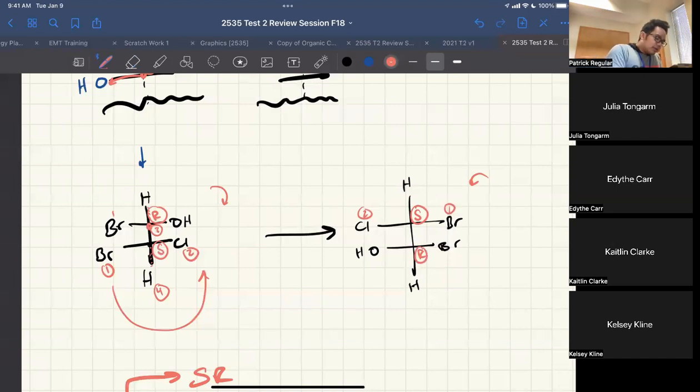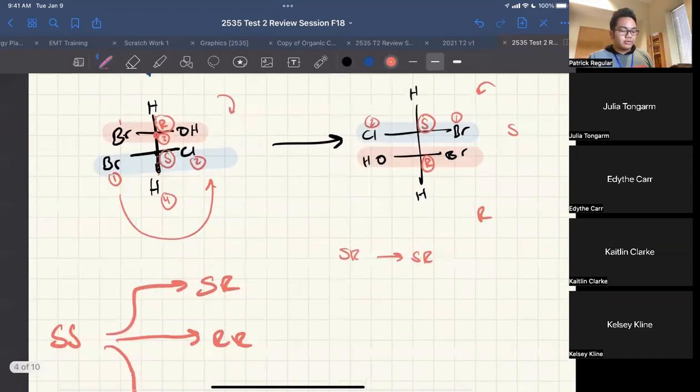So for this group right here, the BrOHs, that's still R. And then for the BrCl, that is still S. So SR going to SR.